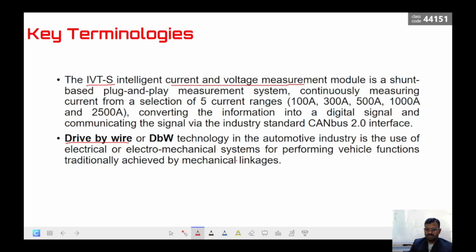So you are going to control the vehicle just by giving an electrical signal through this DBW. DBW technology in the automotive industry is the use of electrical and electromechanical systems for performing vehicle functions traditionally achieved by mechanical linkages. So in the IC engine, we use mechanical linkages. Here we are going to use DBW.